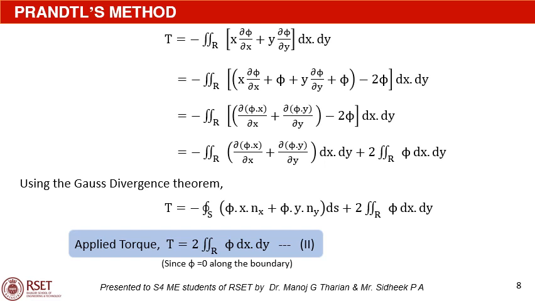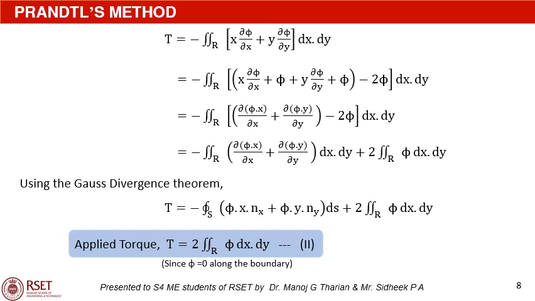Using Gauss divergence theorem for 2D, the first integral in the above equation can be written as a line integral along the boundary. Thus, the above equation becomes applied torque T is equal to integral over the boundary S of (phi x nx plus phi y ny) ds plus twice double integral over the region R of phi dx dy.